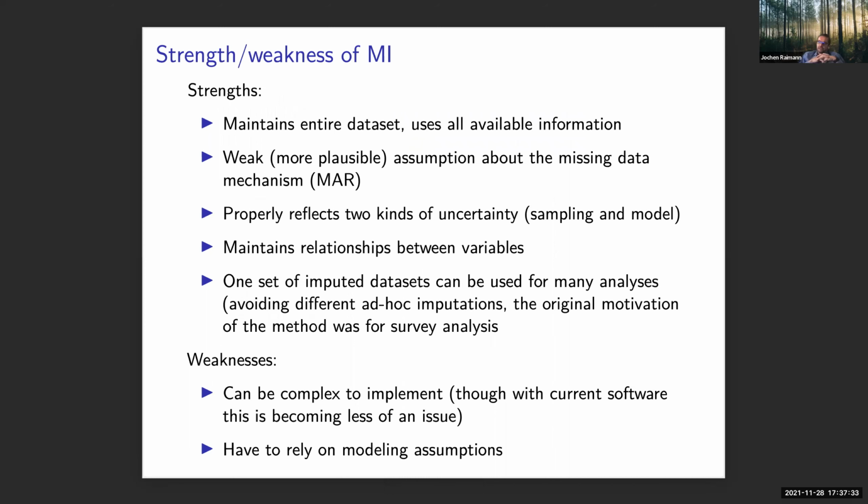So you can make a couple of points about the strength of multiple imputation, mainly in the realm of sample size, obviously. It will maintain an entire data set and use all available information, which of course makes it strong. You basically have more statistical power, more analytical power, and you will get a more accurate estimate.